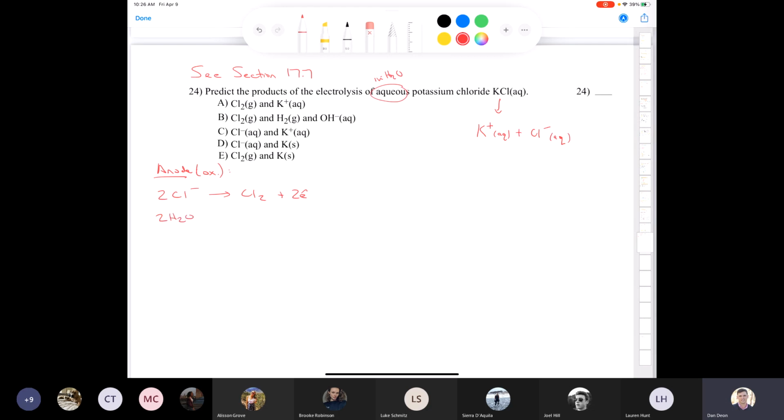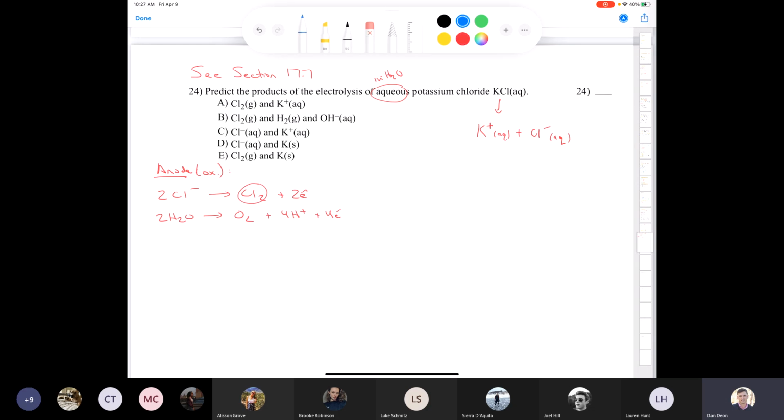If you look up the table of standard reduction potentials, you can see the oxidation of water is H2O, which gives you O2 plus 4H plus 4 electrons. But the chloride is going to get oxidized, and so we're going to end up having chlorine in there.